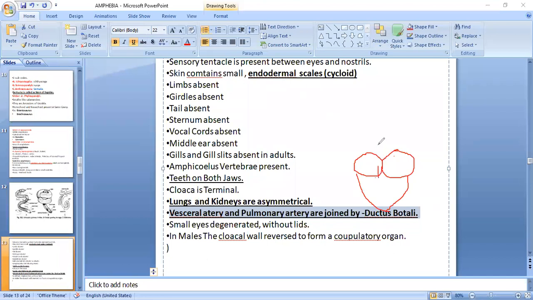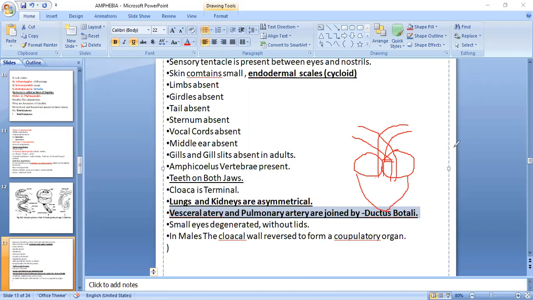Here, imagine this is a visceral aorta, and imagine this is a pulmonary aorta. So these are both connected by a small connection that is called ductus botali.